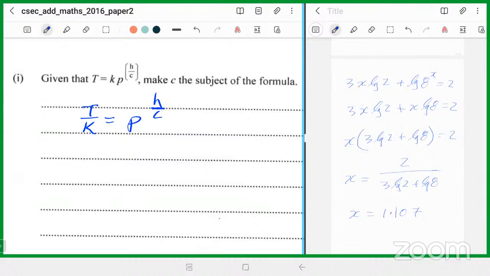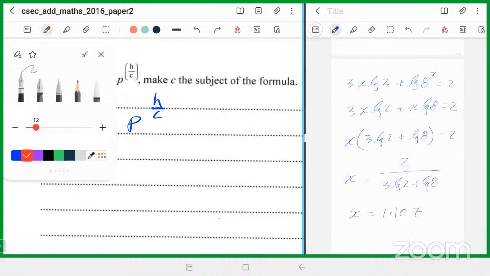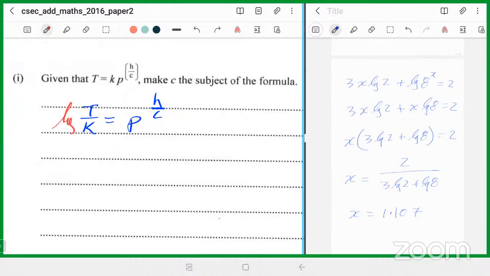Then now, to get this C from out of the power, I'm going to take the logs of both sides. Let me shift this over some. Because I want to get the 1 over C. See this C under here?